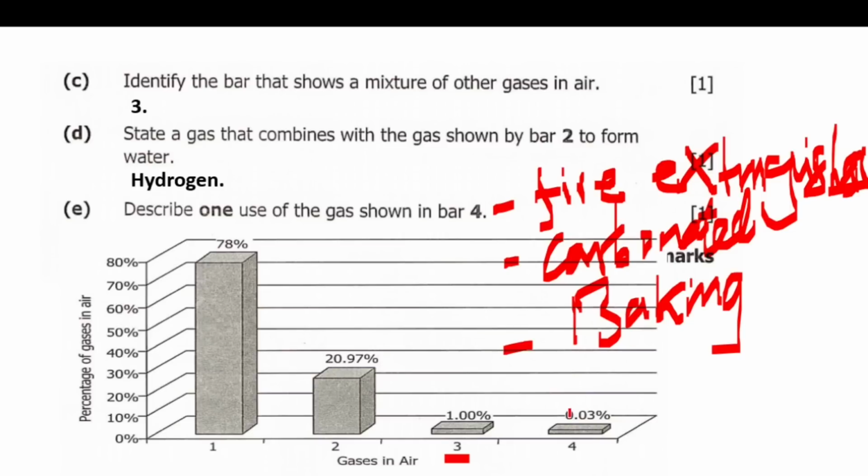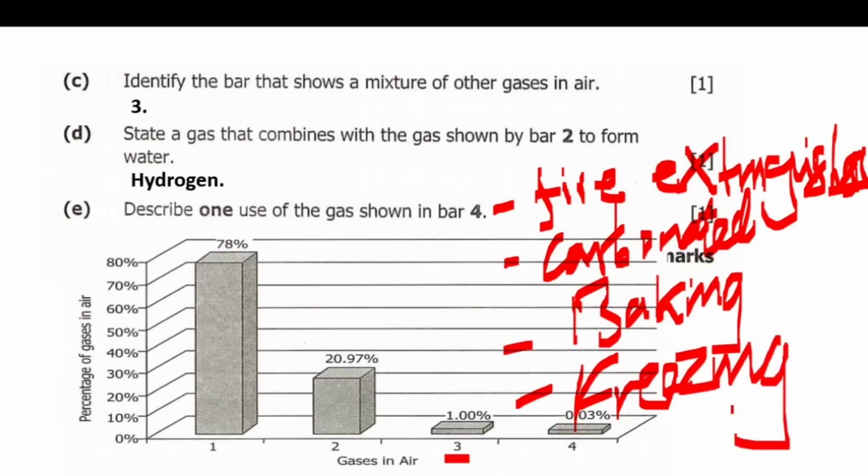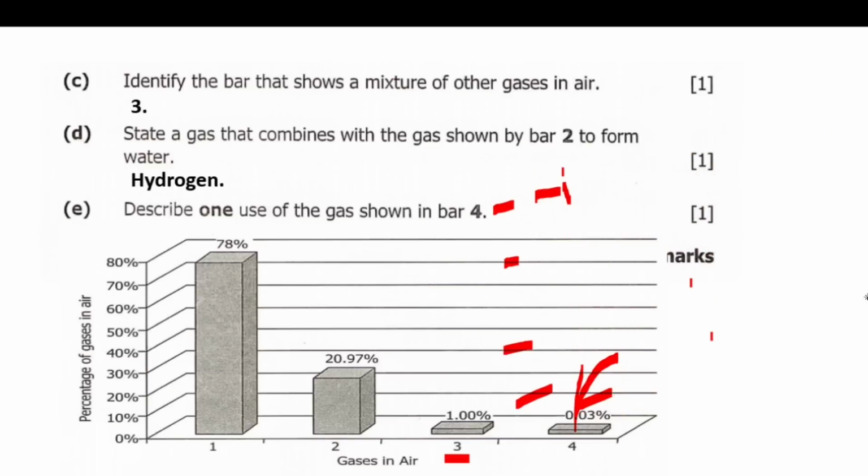It is also used in freezing things. So any of these could have been the answer to this question here. I didn't answer it in advance, hence answering it now.